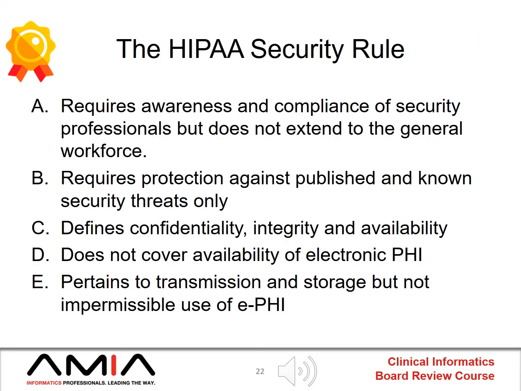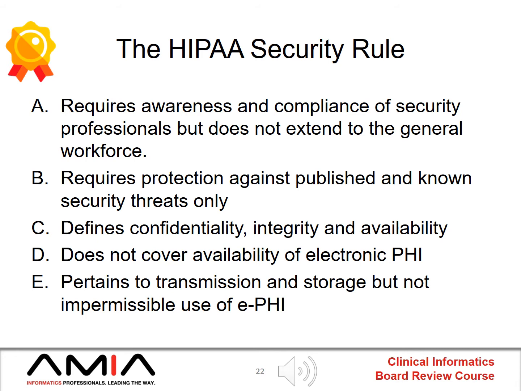And another quiz. This has to do with the HIPAA security rule. Now, we haven't talked a lot about HIPAA yet, but note, first of all, that there's only one P in HIPAA, Health Information Portability and Accountability Act. So the HIPAA security rule, A, requires awareness and compliance of security professionals, but does not extend to the general workforce.